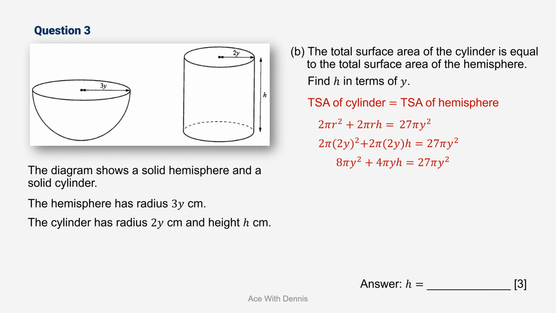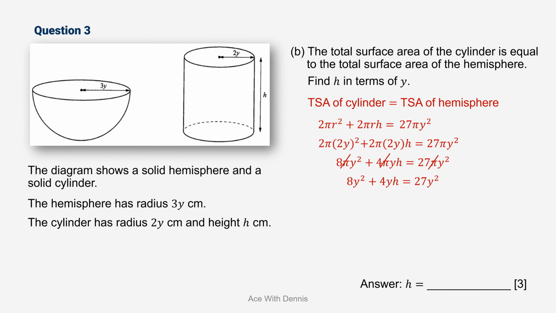We expand and simplify, we'll get 8 pi y square plus 4 pi yh equals 27 pi y square. Then what we need to do is cancel out the pi on the left hand side and the right hand side. The equation becomes 8y square plus 4yh equals 27y square.